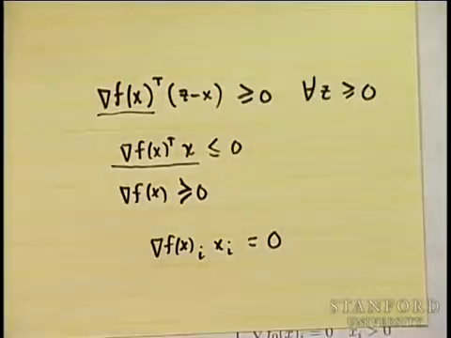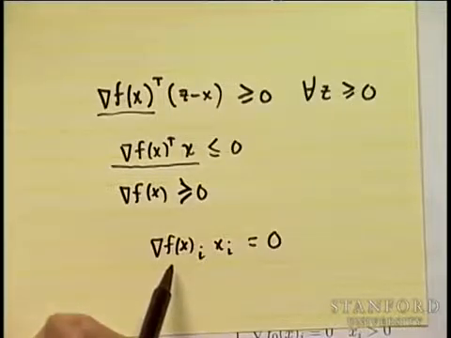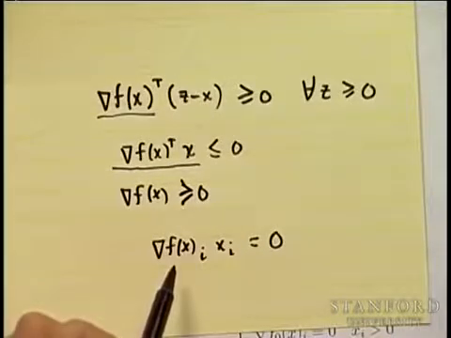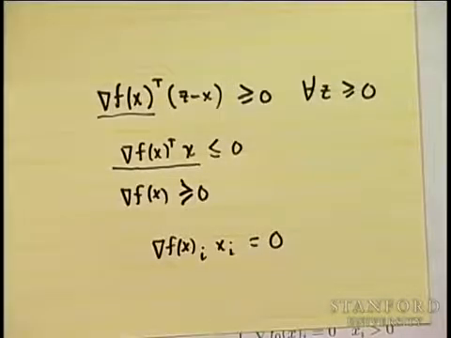So basically, it says, if x_i is positive, then that component of the gradient is 0. And vice versa. If this is positive, that's 0, period. This is called complementarity. And you're going to see it a lot, or you'll see it a bit. Okay? So that's the condition here. We just worked out this. These are not totally obvious.